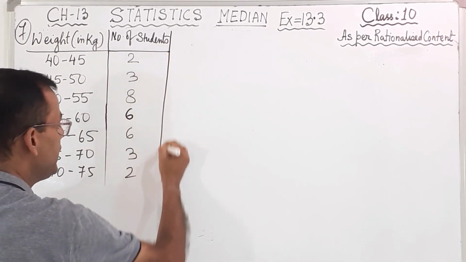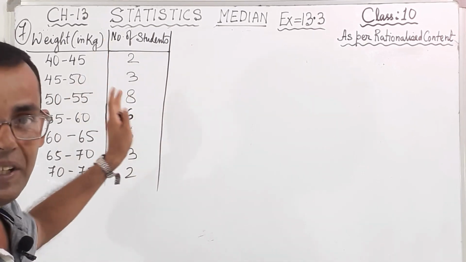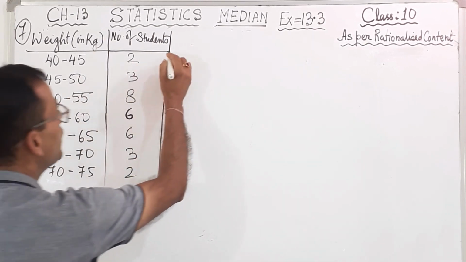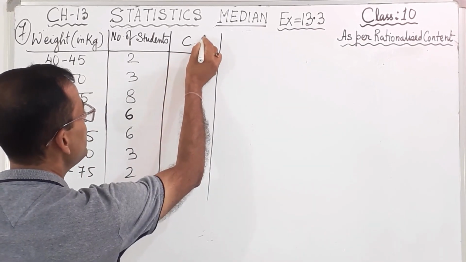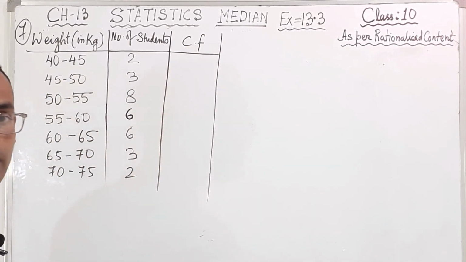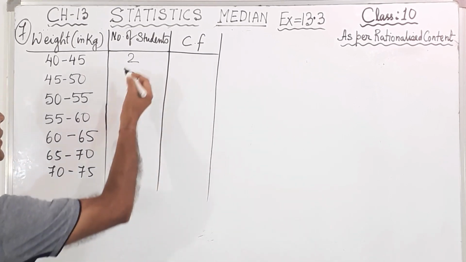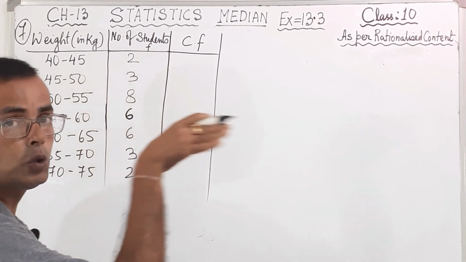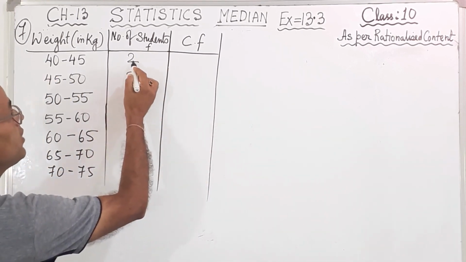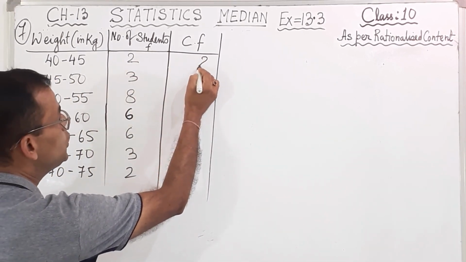Now what is the first duty? For solving median sums, we have to find out what? Cumulative frequency, that means CF. And already I told you how to find out. This is frequency column. So from frequency we will switch on to the cumulative frequency. So 2, we will write here 2.